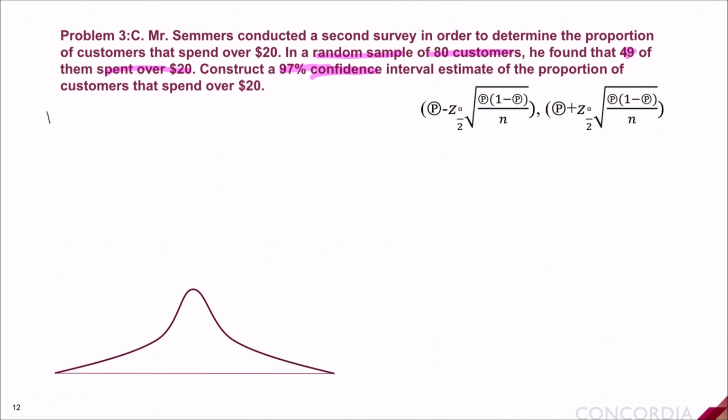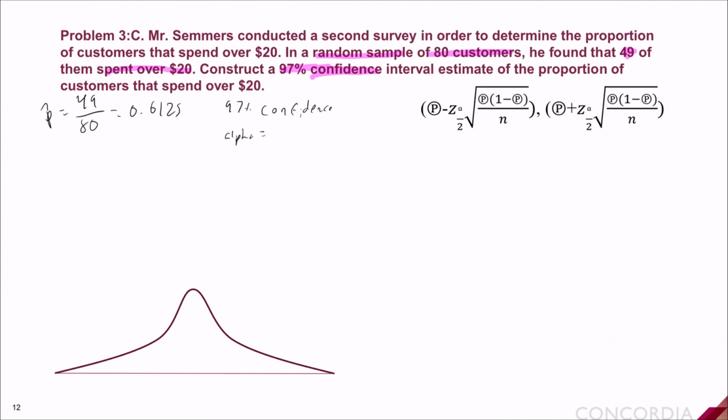Right away, we could find the proportion, which would be 49 over all the people he surveyed, 80, and that gives us a proportion of 0.6125. We can also find, based on the confidence level of 97%, our alpha.